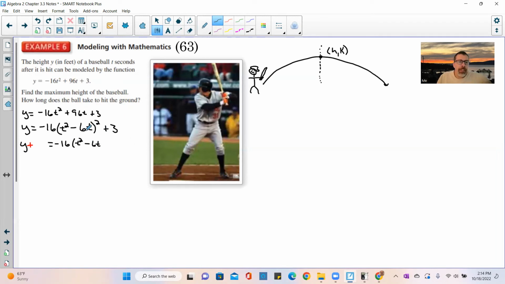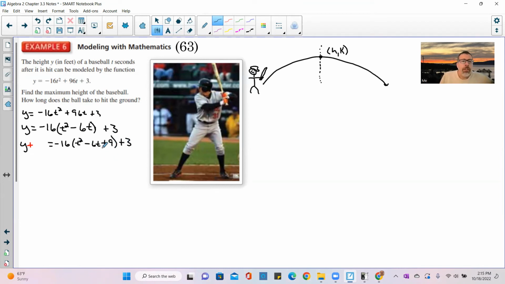Half of negative 6 is negative 3, squared is 9, so it's going to be plus 9. I don't know why I have a squared symbol here. It's not supposed to be. All right, the only squared is right there. I got ahead of myself. So it's negative 16 times t squared minus 6t plus 9 plus 3.